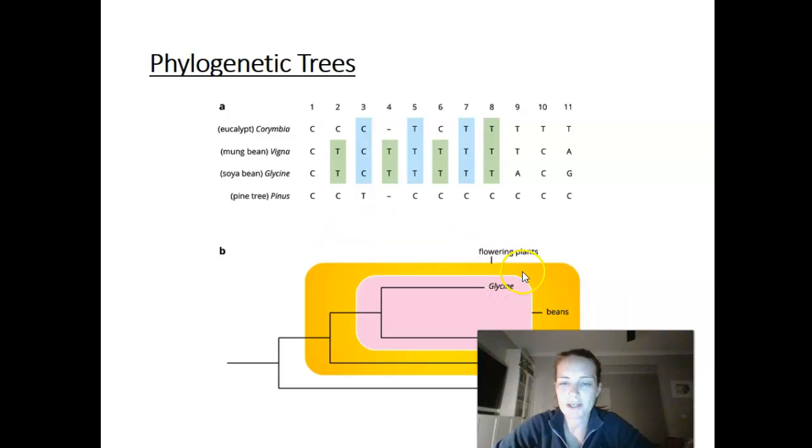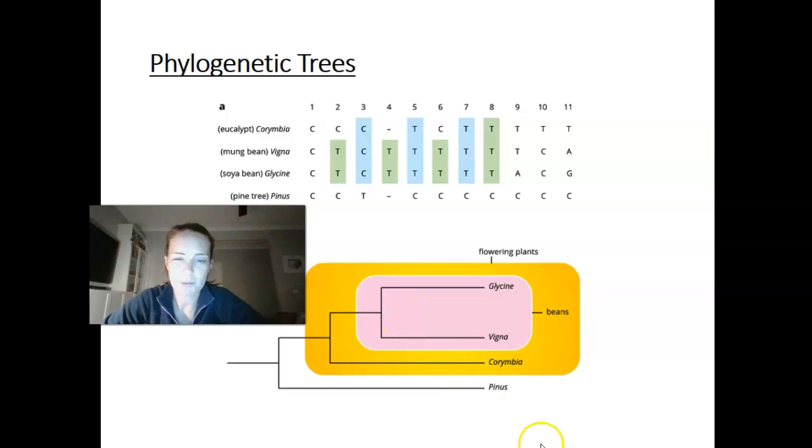Okay, phylogenetic trees. Once we've got this information, we know how alike two species are, we can use that information to build a phylogenetic tree to show us the relationship between that group of species. You've got the example here from your textbook for flowering plants.